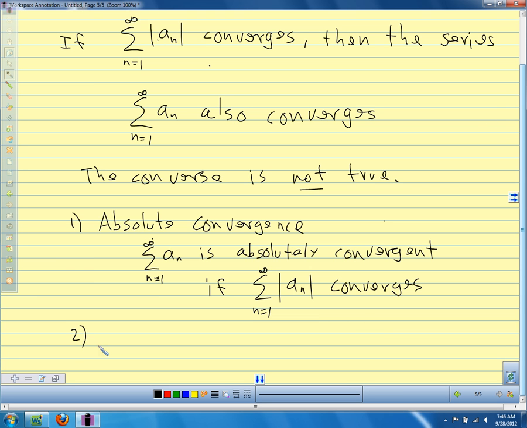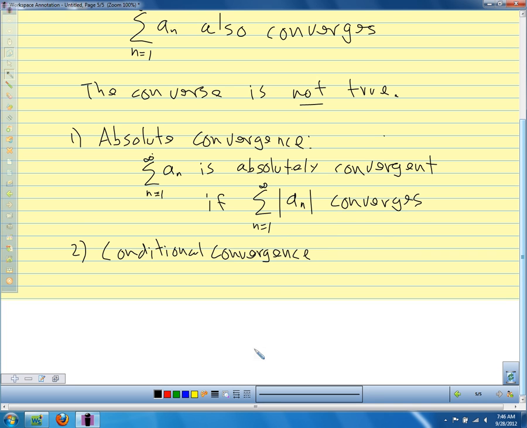And conditional convergence: a series is conditionally convergent if the sum n equals 1 to infinity of a sub n converges, but the absolute value series diverges.